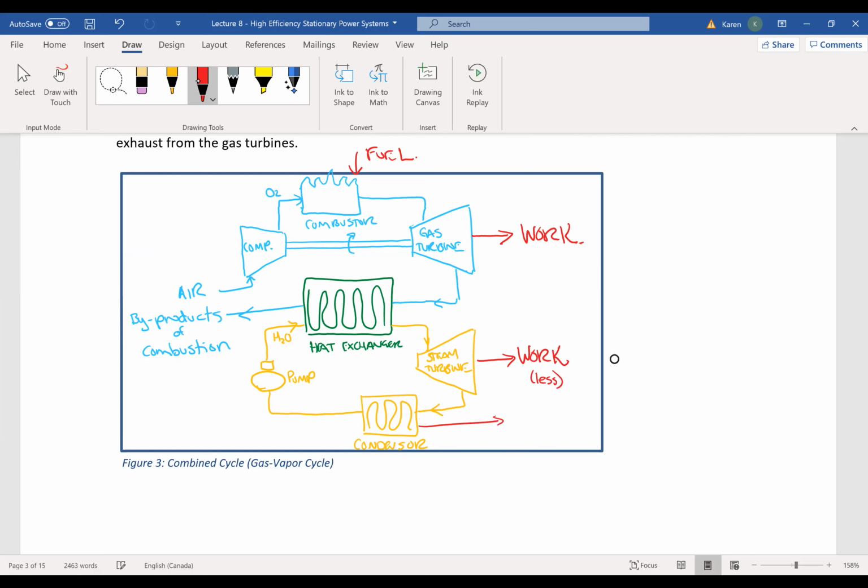You also get some heat out of the system. So this is how a high efficiency gas vapor cycle power generation system works. And this is fundamentally important to understand before we develop CHP systems in class.